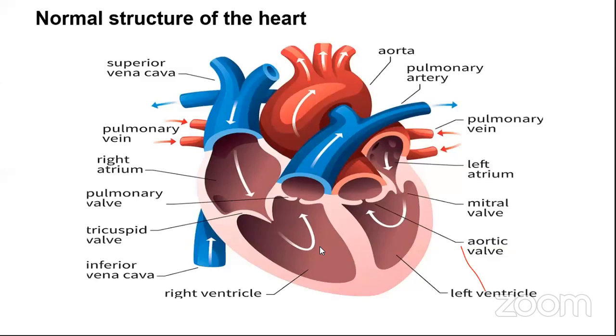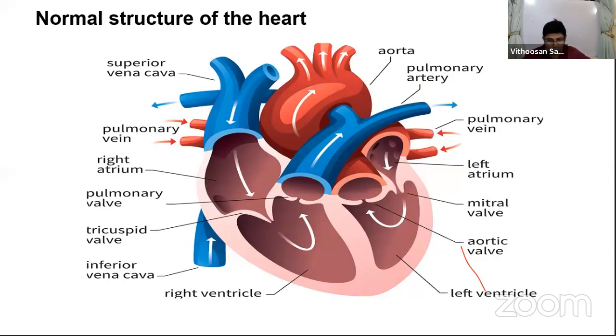Just mute your video audios. Opening into the left atrium. From the left atrium, the blood is coming to the left ventricle, and from the left ventricle, the blood is pumped all over the body except the lungs. Even the lungs have some supply, but the main lung circulation is from the pulmonary artery, which is coming from the right ventricle.